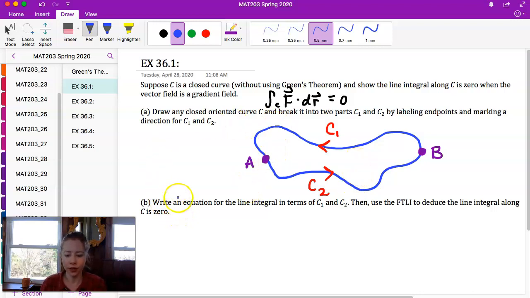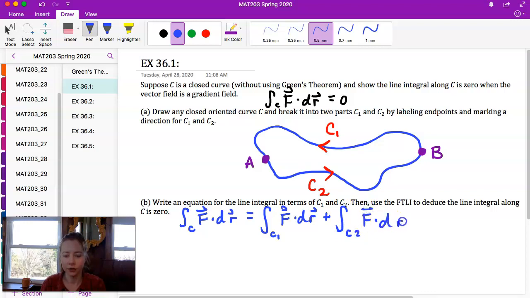So let us start with the line integral of f dot dr over C, which is equal to the line integral over C1, from B to A, of f dot dr, plus, since C is the entirety of C1 plus C2, the line integral over C2 of f dot dr. All right. So this is going to be, if we use the fundamental theorem of line integrals.